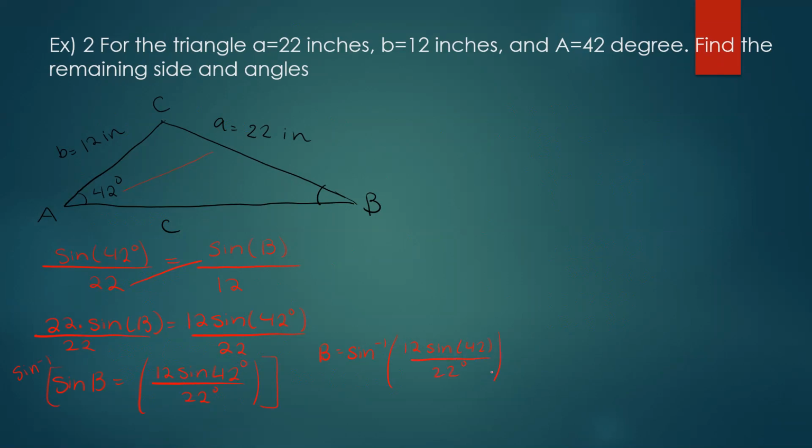Just a little advice: when you put this in the calculator, make sure you put everything in parentheses. What I mean is put the entire numerator in parentheses and the entire denominator in parentheses. If you do that, you'll never get it wrong.